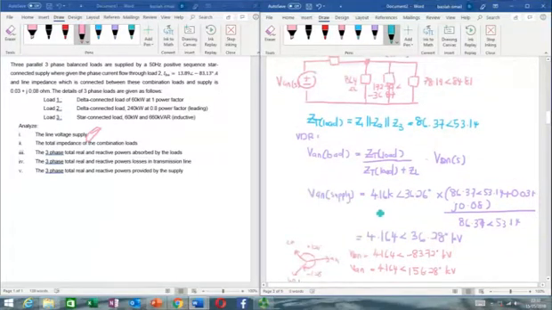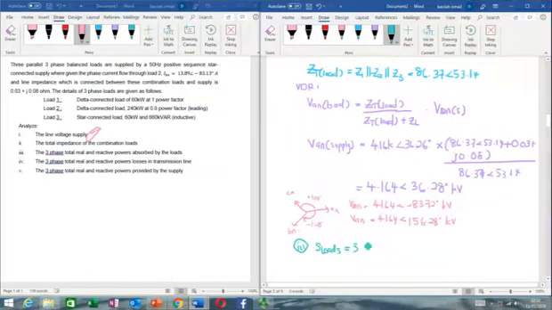VAN per load is, the formula should be 3 multiplied with V squared over Z conjugate. So 3 multiplied with the VAN value for load, 4.16K squared divided by Z load conjugate, 86.37 angle.